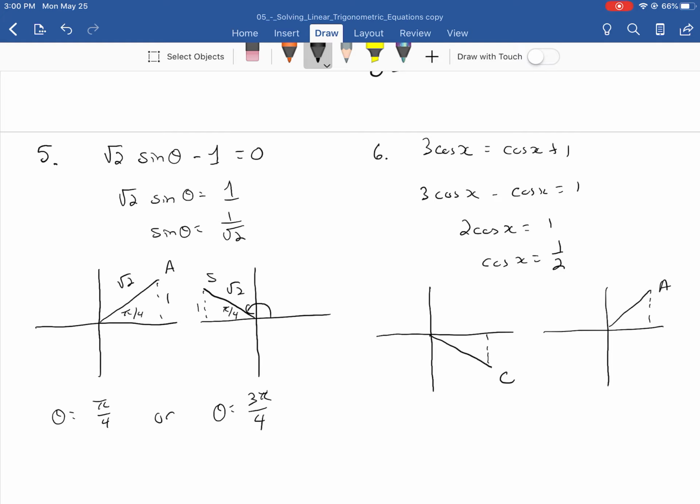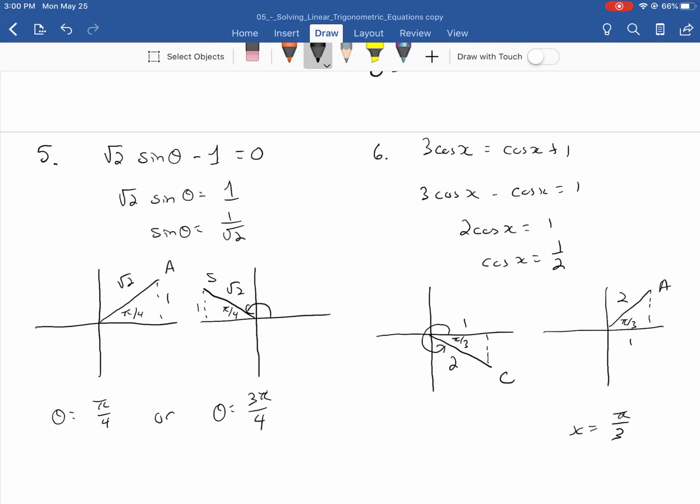The important part of this is cosine is positive, so I want to be in the cosine positive quadrant and the all positive quadrant. 1 root 2, 1, 2, ooh, careful now. So many root 2's in this that it's easy to get hung up there. There's 1 and 2 and 1 and 2. So then the related acute angle, you got to have your special triangles memorized.